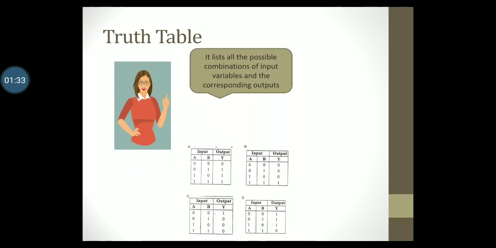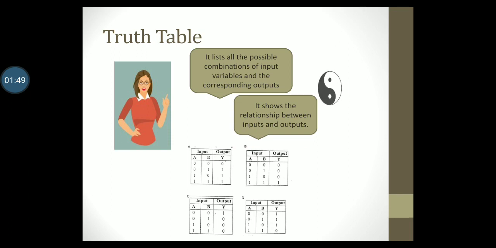Next, let us learn about truth tables. A truth table lists out all the possible combinations of input variables and the corresponding outputs. In other words, it shows the relationship between inputs and outputs.